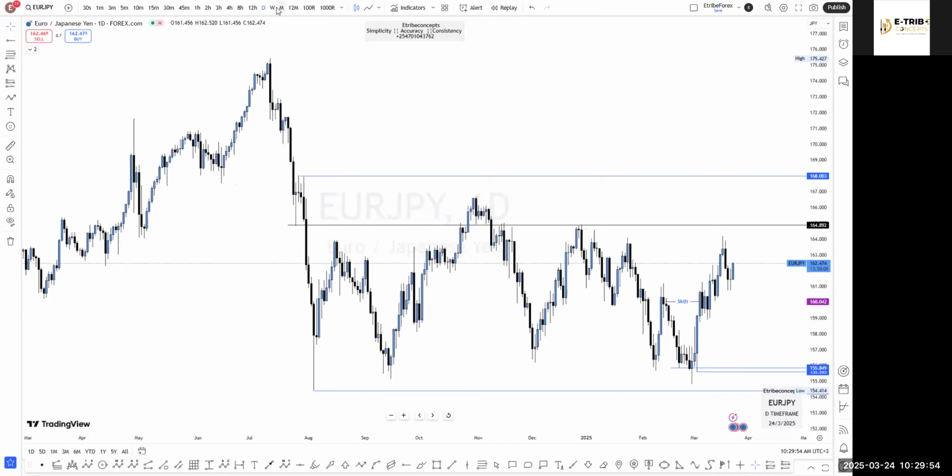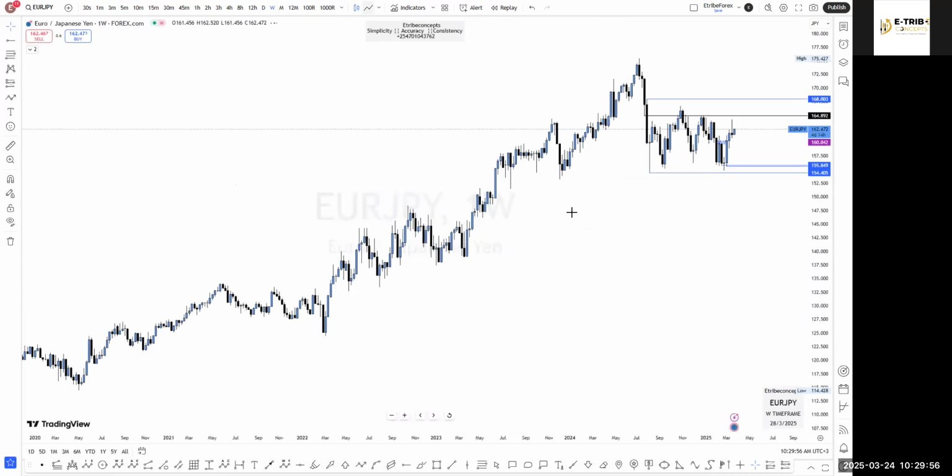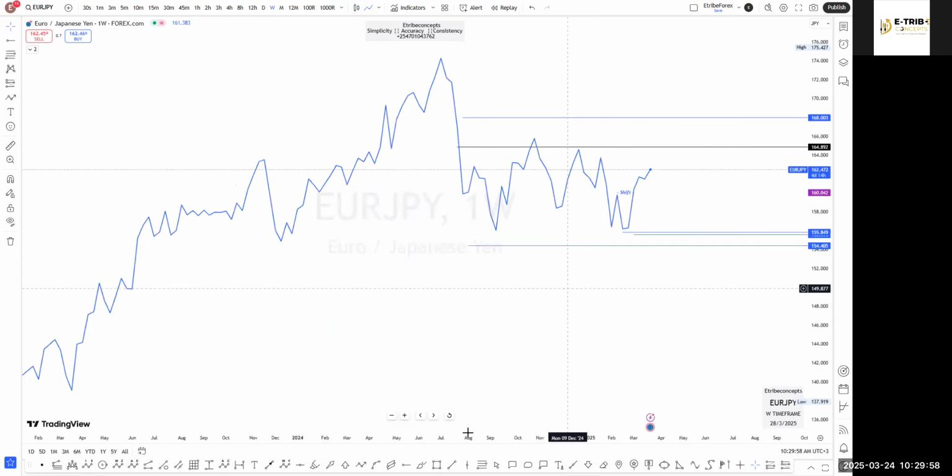Then, back on the weekly chart, you can clearly see that price did a shift here. But as much as the price was doing a shift, anytime we don't have an inside formation after a shift, I really don't consider those structures, because the secret is anytime you see a shift and an inside formation, consider the inside formation.